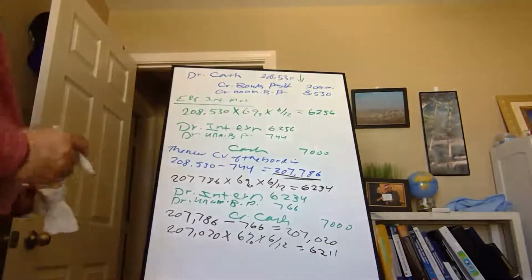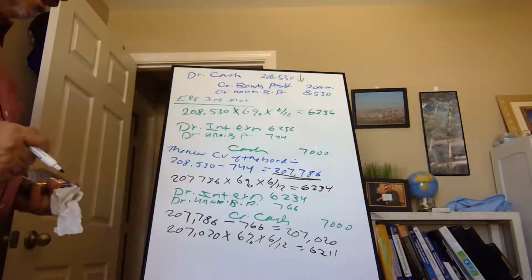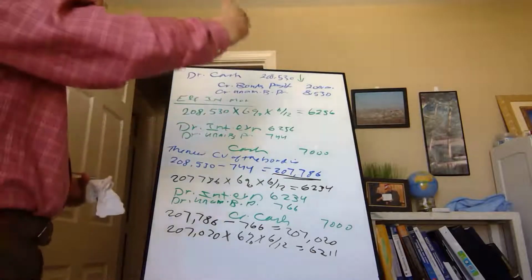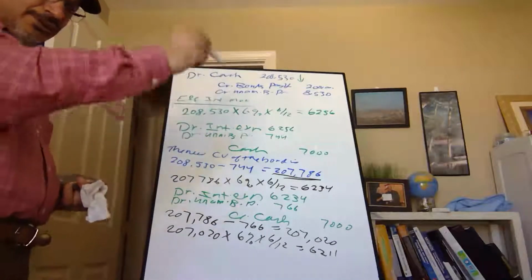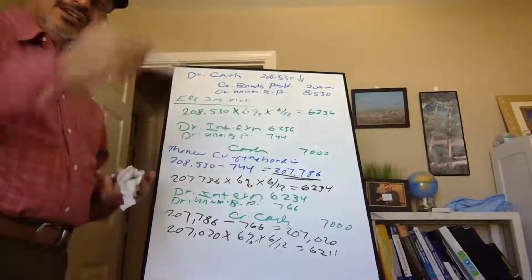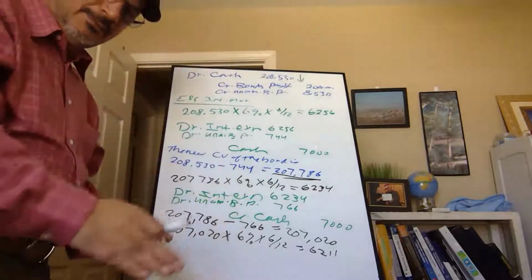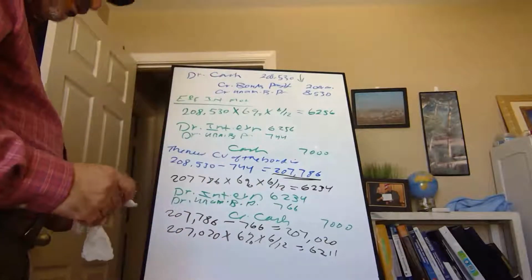And you notice that every time it goes smaller and smaller because the carrying value is going down. So we multiply the interest rate by a smaller number every time.